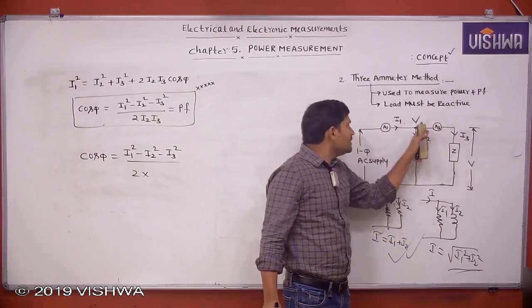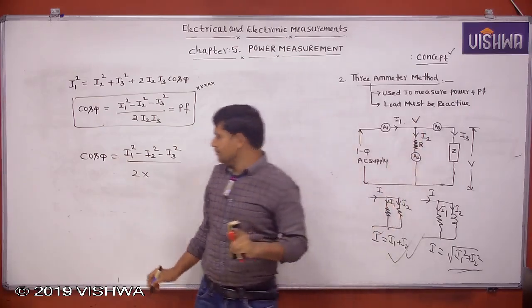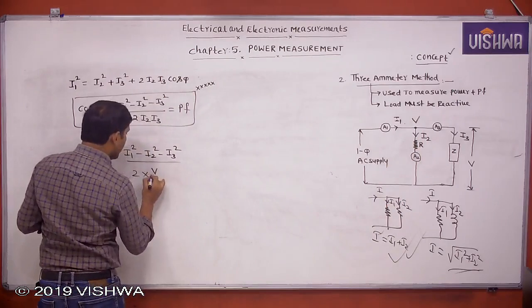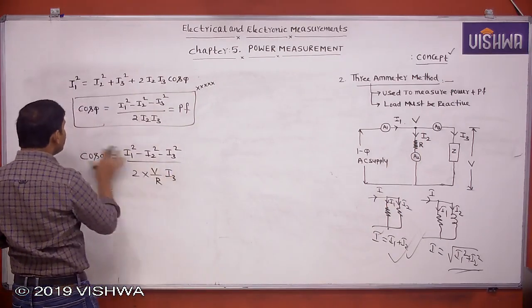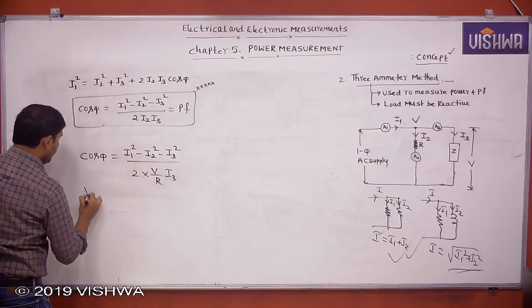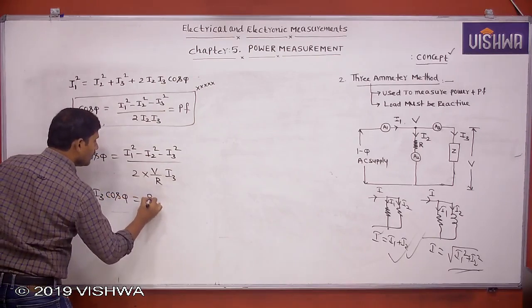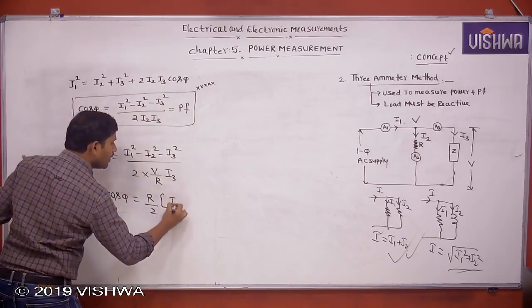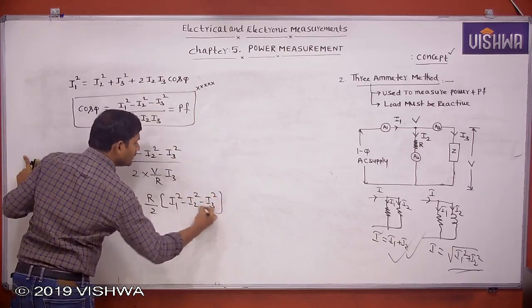Then how to write I2 equal to V by R? I2 equals V by R into I3. You bring this V I3 to this side. V I3 cos phi equals R by 2 into I1 square minus I2 square minus I3 square.